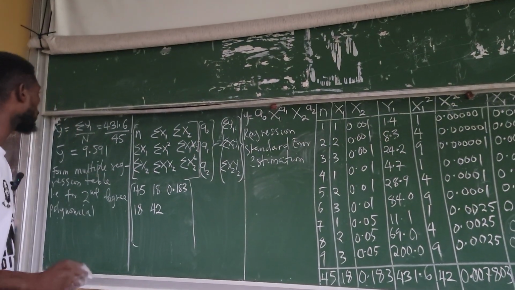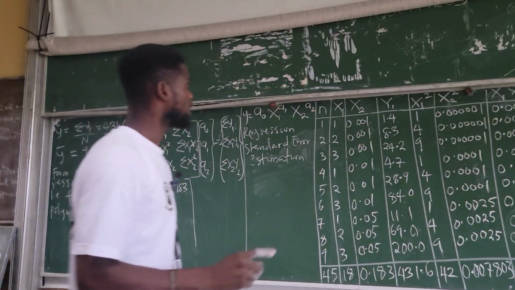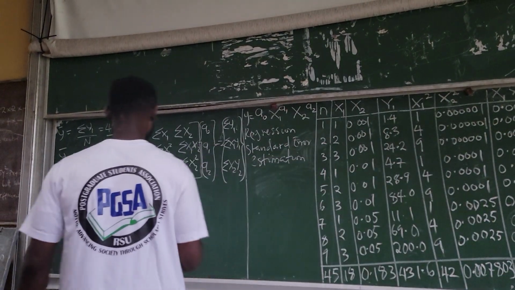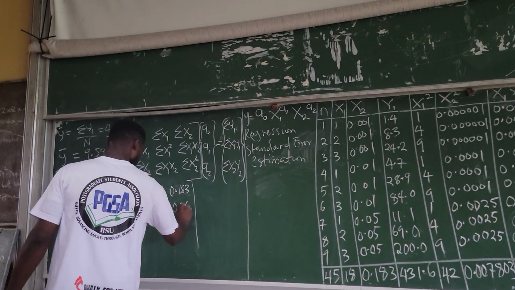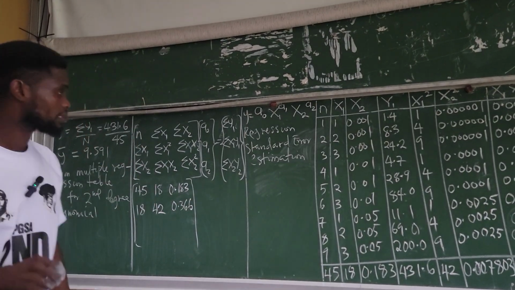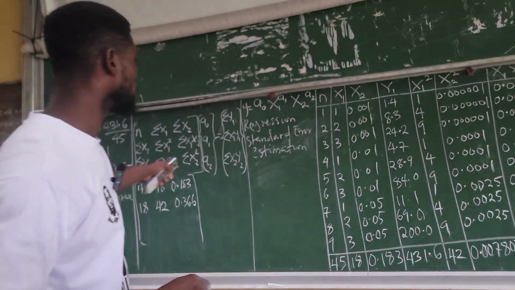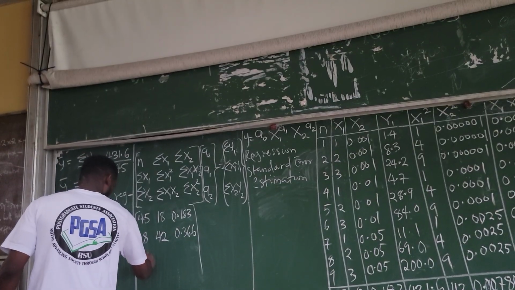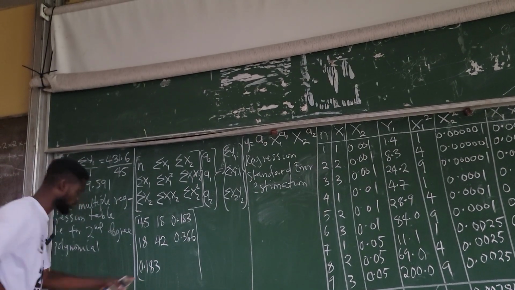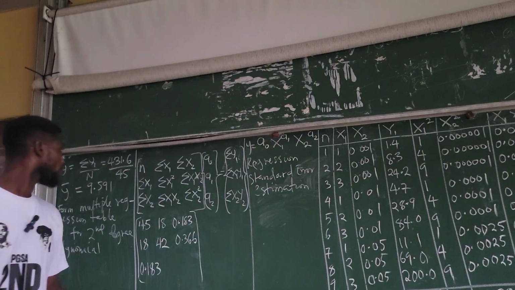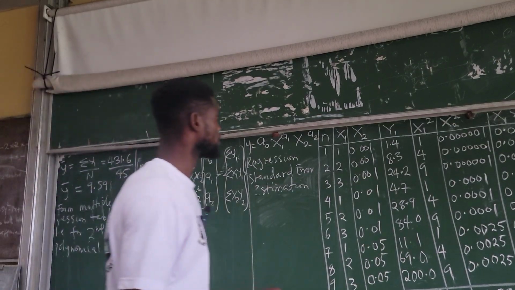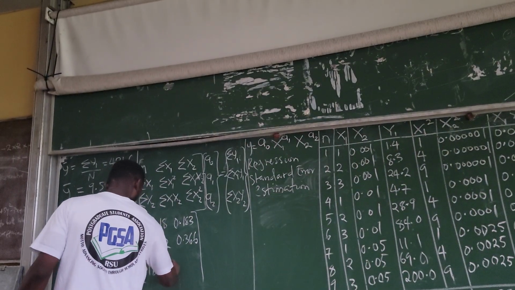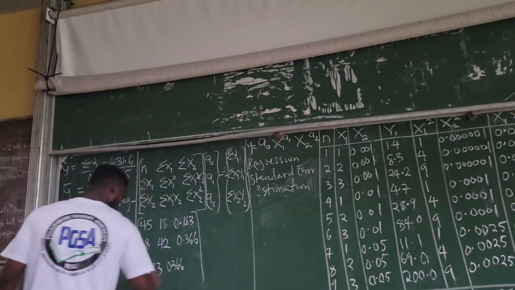Then for x1 x2, 0.366. So after that, for summation of x2, this is x2, that is 0.183. Then for x1 x2, 0.366.